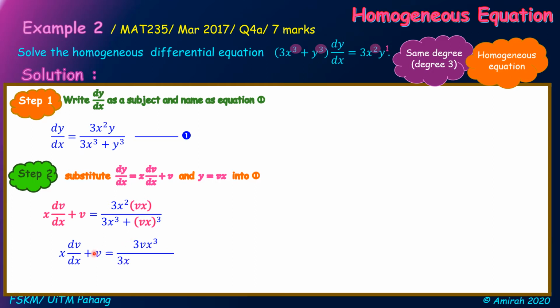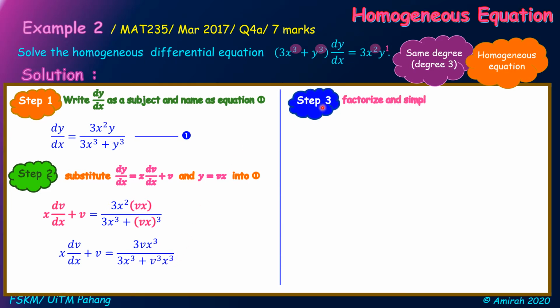After that we simplify, so we have x dv/dx plus v equals 3x cubed v over 3x cubed plus v cubed x cubed.